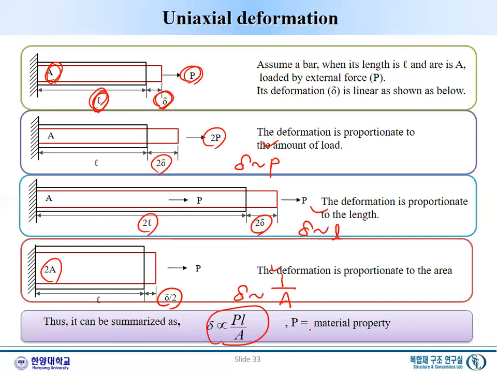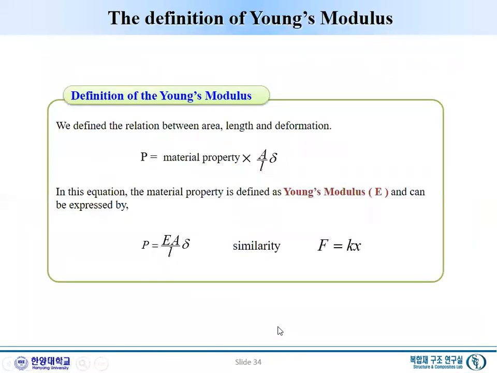Now, okay, remember this equation. I will rewrite it here. Delta is proportional to PL over A. Now, I'd like to move the L to the left-hand side, and A goes over here.